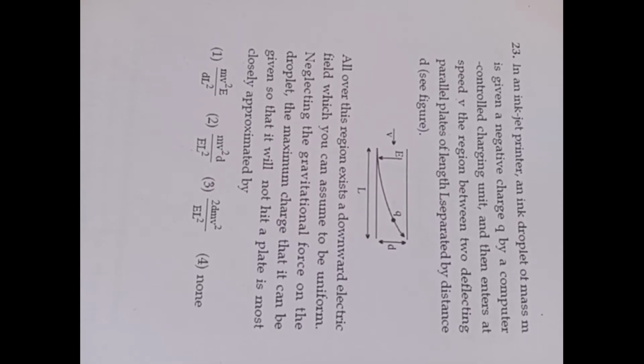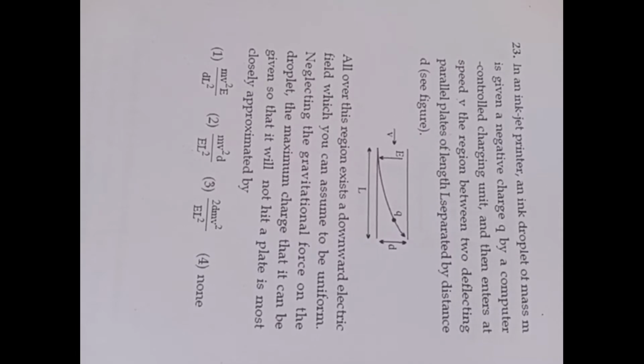All over this region exists a downward electric field which you can assume to be uniform. Neglecting the gravitational force on the droplet, the maximum charge that it can be given so that it will not hit a plate is most closely approximated by which option?